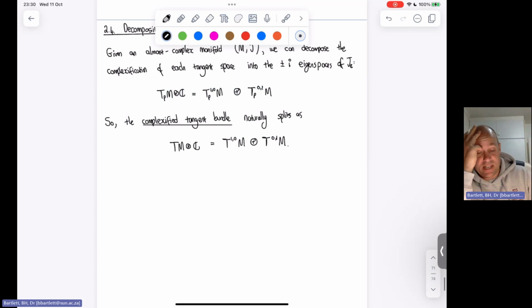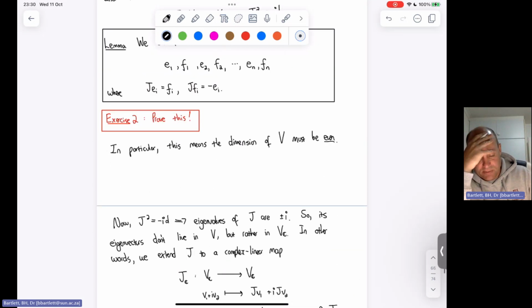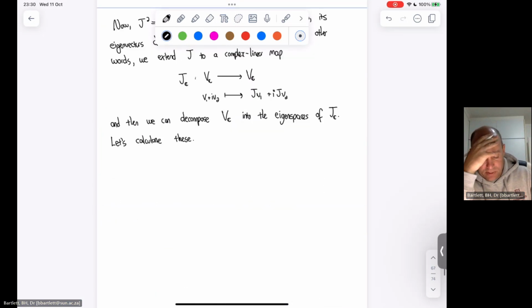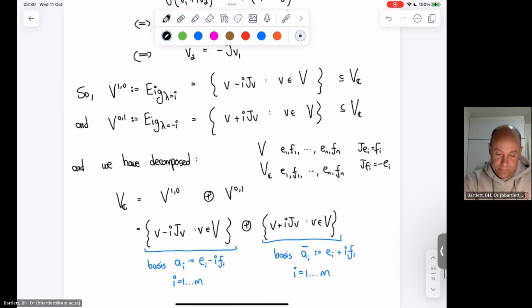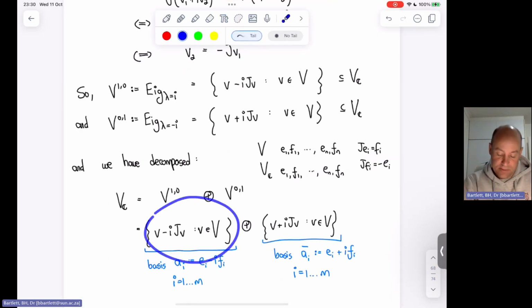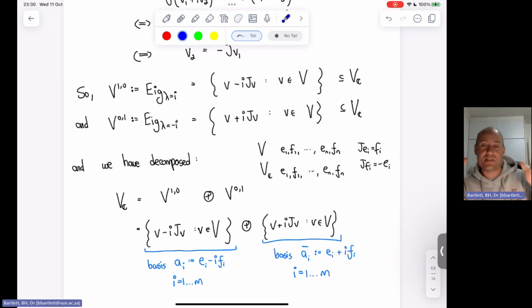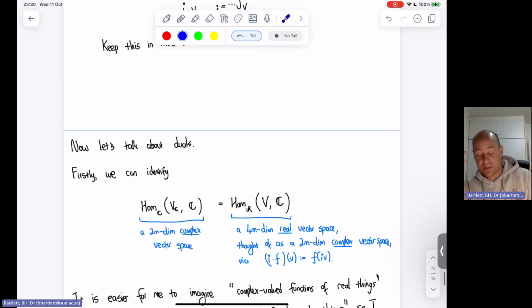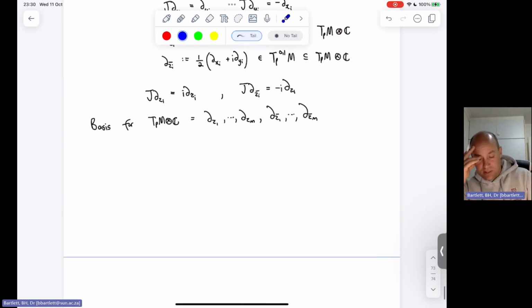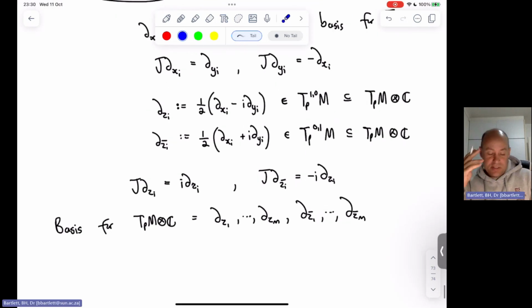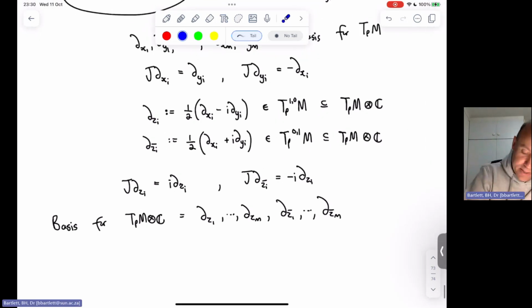Just like these A's were a basis for the 1,0 part, and the A bars were the basis for the 0,1 part. That's all I'm doing. I'm just doing it when V is the tangent space of a complex manifold. Okay.